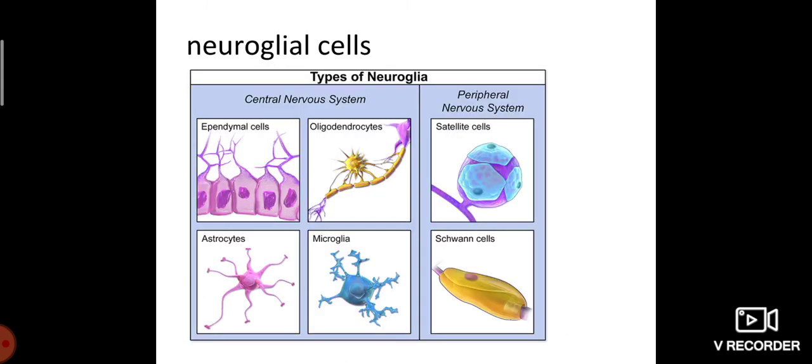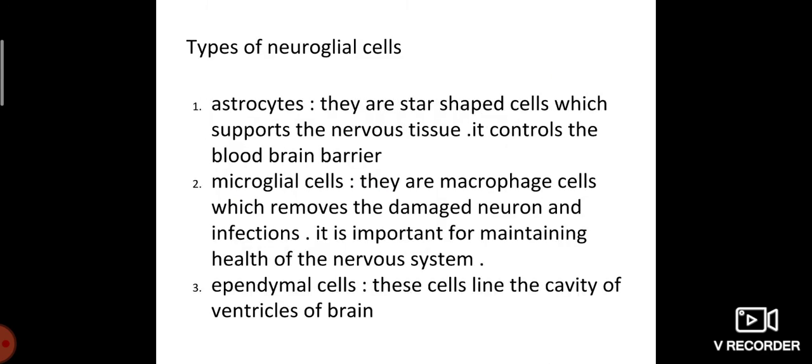The next is microglial cells. See, this is a microglial cell. Microglial cells are macrophage cells. Macrophage means they can engulf large particles, which removes the damaged neurons as well as the infections. It is important for maintaining the health of the nervous system. So they have the function of phagocytosis.